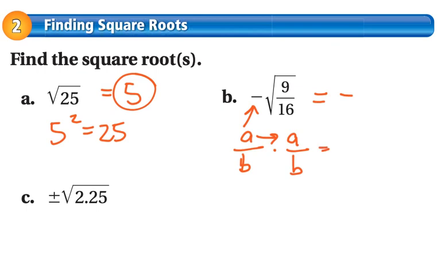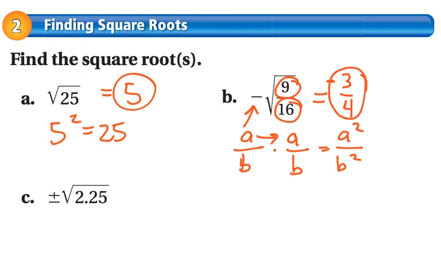A times a would be a squared, and b times b would be b squared, so we're looking for just that single a and the solitary b as well. So in other words, what number times itself equals 9? That would be 3. Do the same thing for the denominator. What number times itself is 16? That would be 4. Meaning that the negative square root of 9/16 is -3/4.